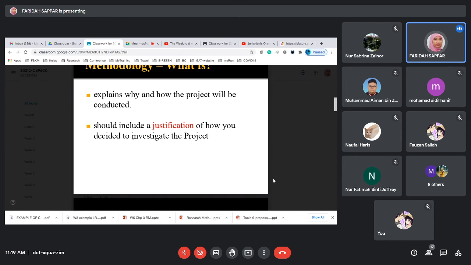Yang supposed to be the most difficult things yang student tu kena buat adalah dia extract the information daripada image, facial expression for example.